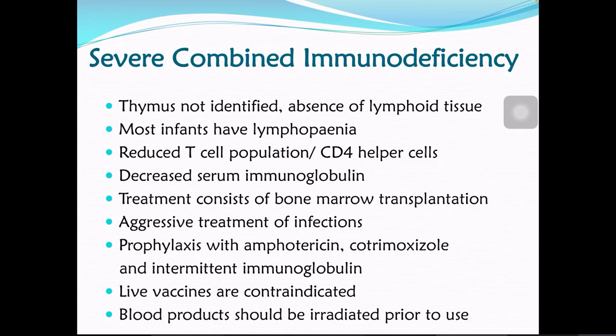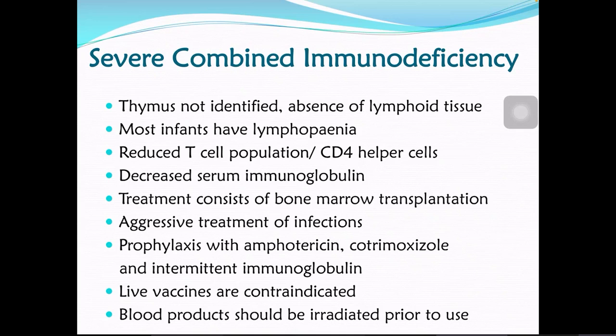There is also a reduction in the T cell population and CD4 helper cells because I said that T cells have a bearing on the B cells. They have decreased serum immunoglobulins and they will most likely need a bone marrow transplantation. During the interim, things that we could do is to perhaps treat the infections very aggressively. If you think that they are more prone to pneumocystis or fungal infections, then there is a place for prophylaxis with amphotericin or cotrimoxazole.